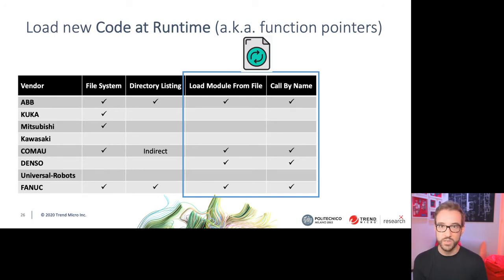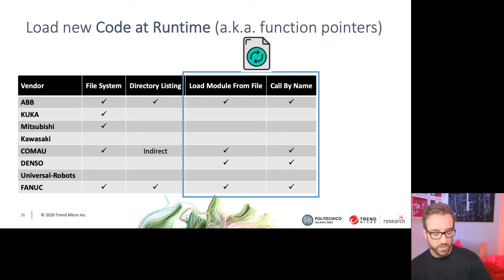And that's exactly what this functionality is about. Most of these languages allow to retrieve code that is only available at runtime. So for example, from a network, from a file or whatever, load it into the memory and then jump there.